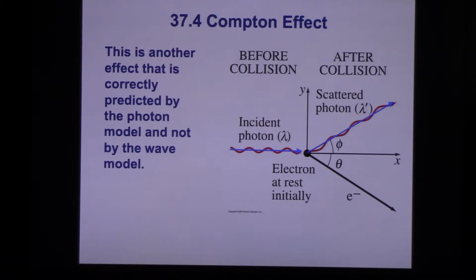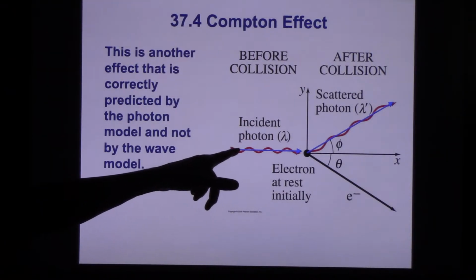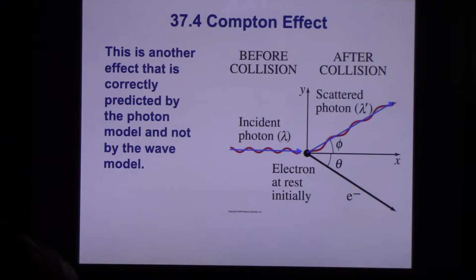So we've got to think in terms of special relativity for these collisions, if for no other reason than that one of the particles involved in this collision has no mass, and classical physics doesn't know what to do with particles that have no mass, but special relativity does. So we'll be using special relativity, and we'll be conserving energy, and we'll be conserving momentum.